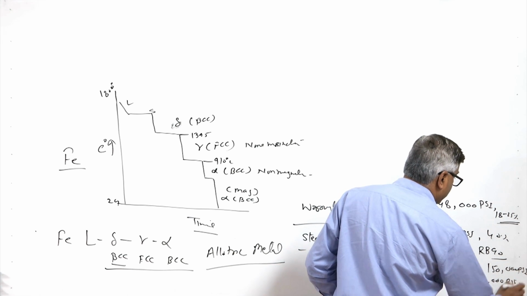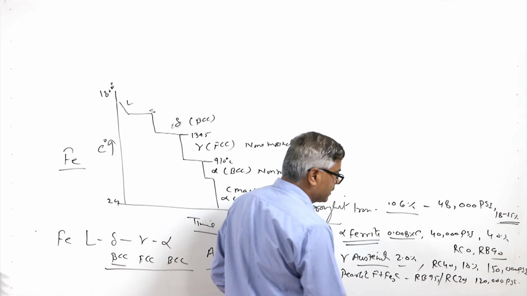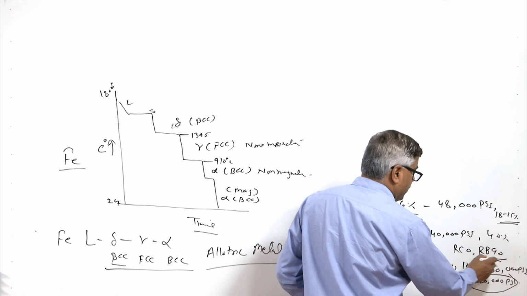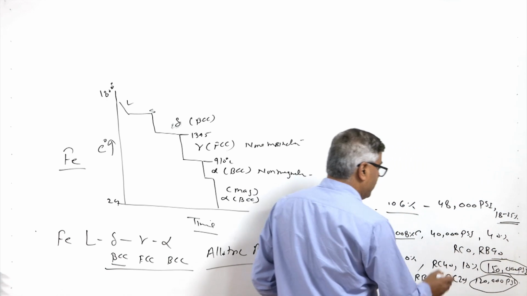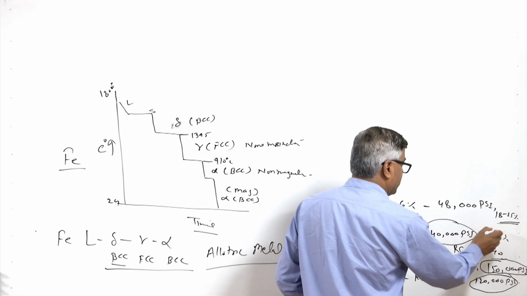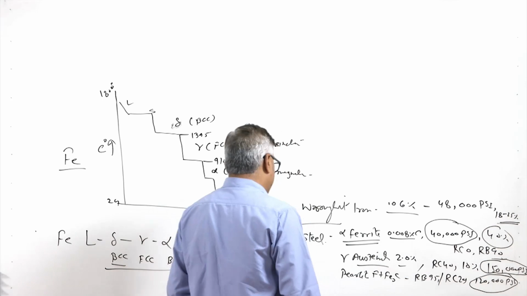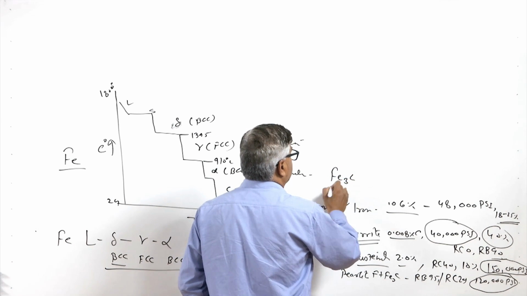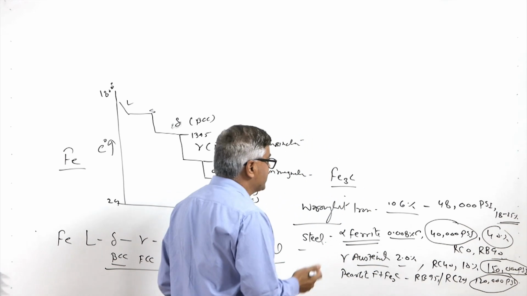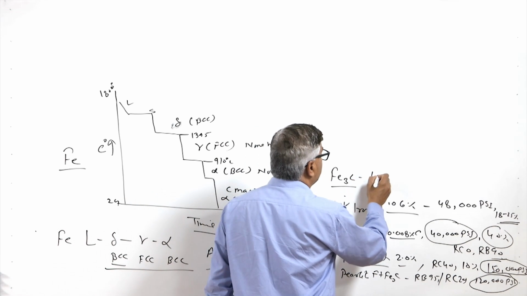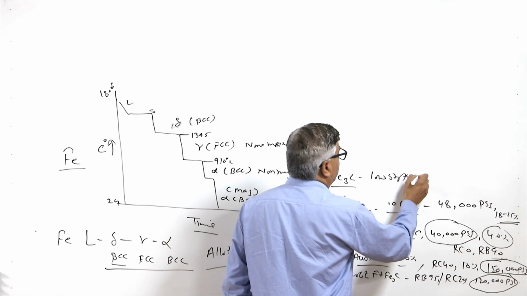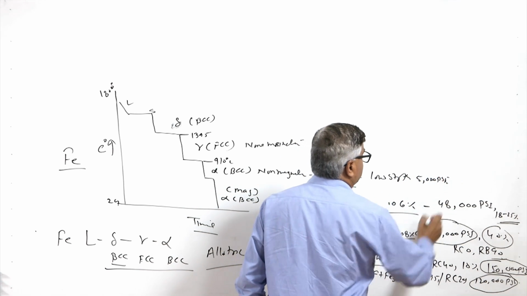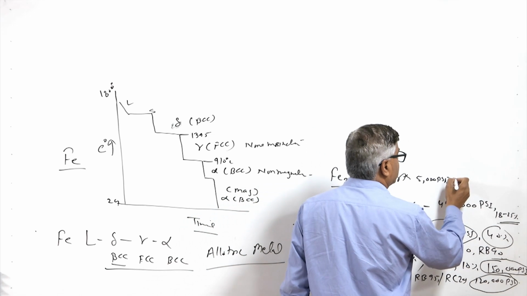So from here we can have some idea about the strength as well as ductility. Pearlite, austenite and ferrite differ in strength and ductility, with ferrite having low strength but higher ductility. In addition, there is one more phase which is extremely common in these steels, that is cementite. It has very low strength, just 5000 psi, and almost nil ductility.